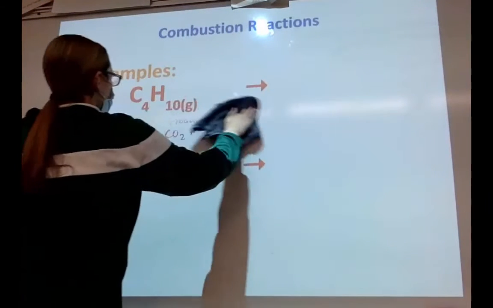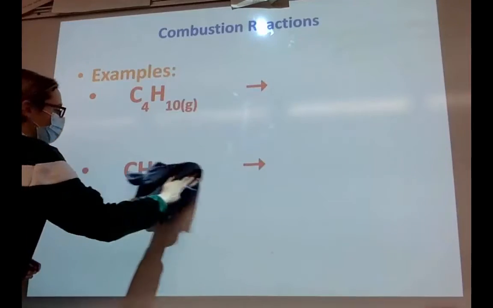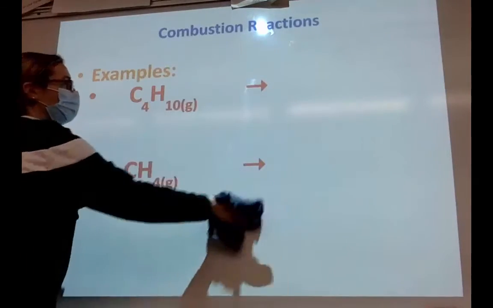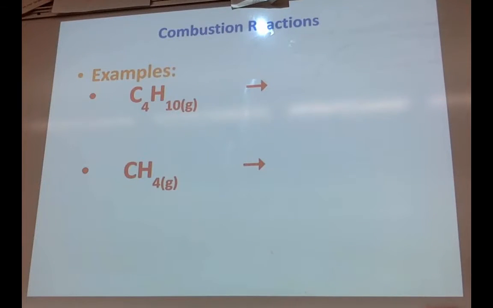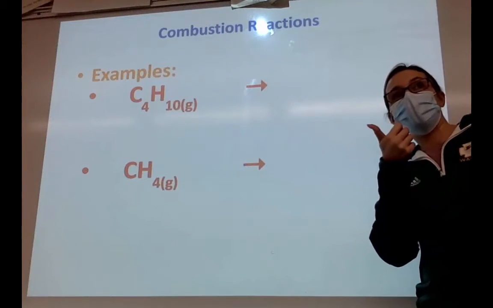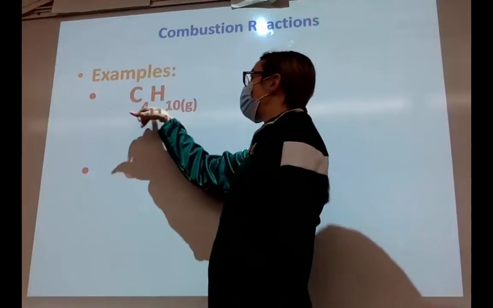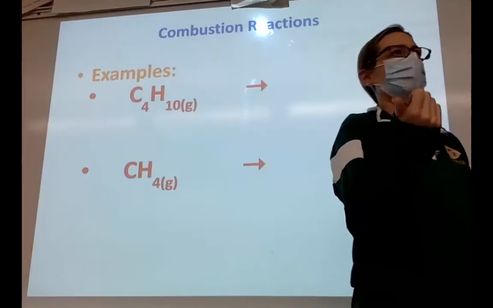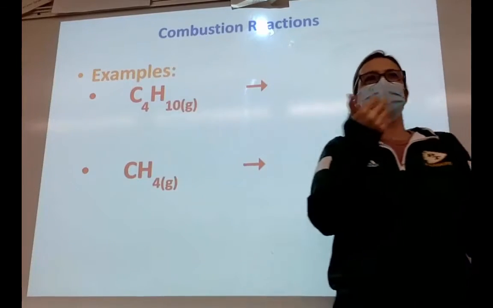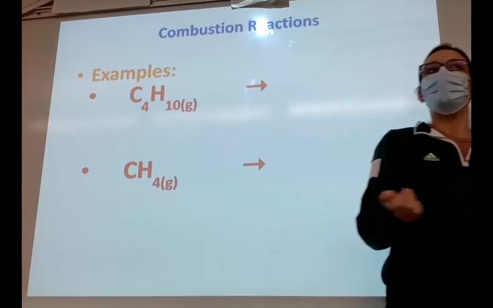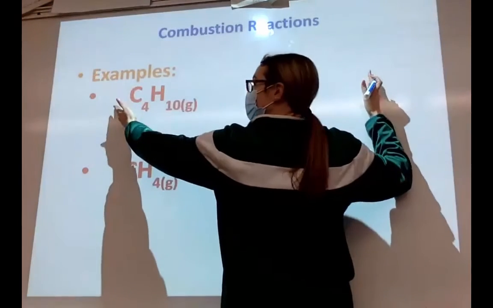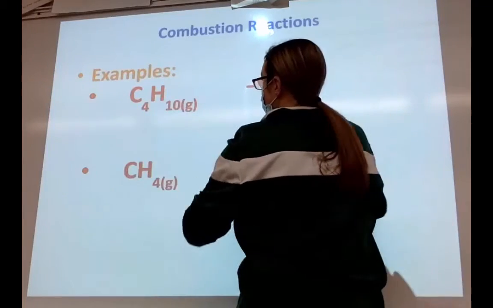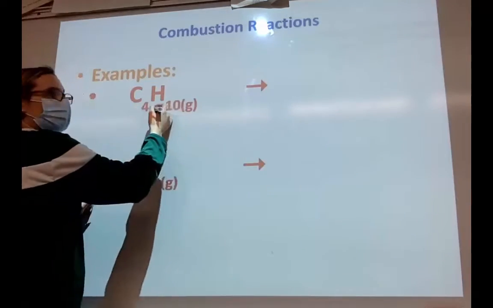So we take a look at these 2 examples. This first one, C4H10, you don't need to know what these are called, I'm just telling you the names, but this is butane in a lighter. When you light a lighter, you are combusting the butane. Now to finish off this butane reaction, here's your hydrocarbon.